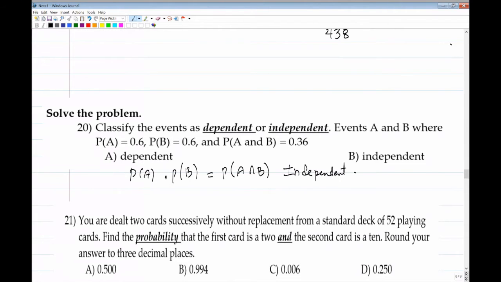That's from the formula sheet. Please go back and look at it. Now, what's the probability of A? It's 0.6. What's the probability of B? Another 0.6. Is that really equal to 0.36? Well, for sure, 0.6 times 0.6 equals 0.36. Therefore, those are independent. If they're not equal, then I'll claim they are dependent.